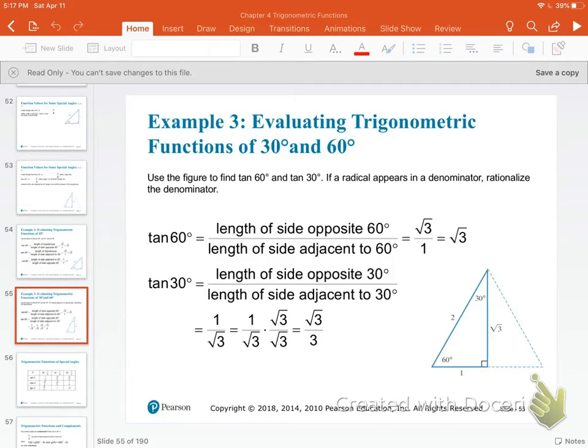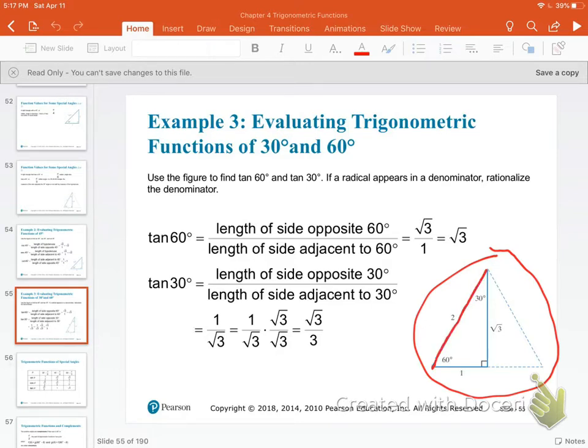So this is the 30/60 example. This picture tells you why we have 1, 2, radical 3. If you double this 30/60 right triangle, you get a new bigger triangle. This bigger triangle is an equilateral triangle, right? We have 3 lengths and they're all the same.